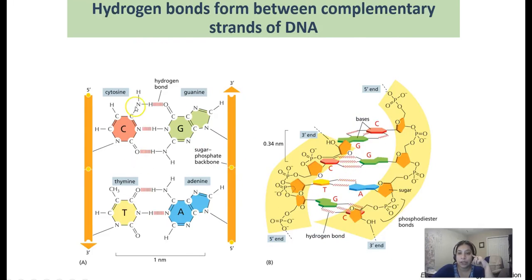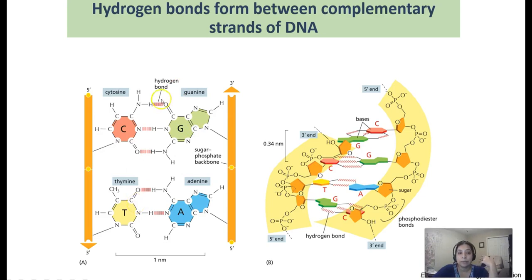Looking at it internally, you can see how cytosine and guanine are able to interact with each other through 3 hydrogen bonds, because there are 3 hydrogens available here in this cytosine that can interact with the guanine.